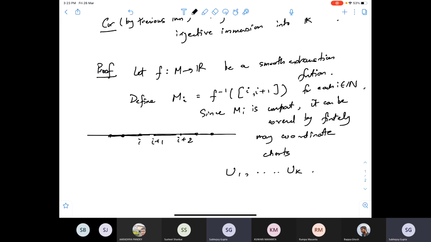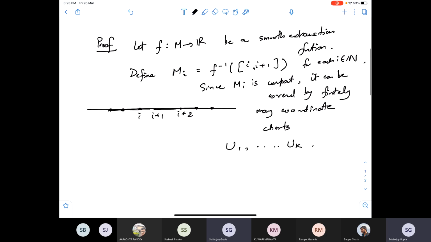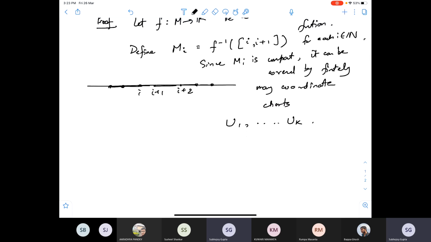I don't want to keep adding too many indices here, so this k would depend on i, but I'm not going to write that down. Okay, so you have this compact subset, and you cover it with finitely many coordinate charts. Now the only thing is that we don't quite know whether it's a manifold, right?